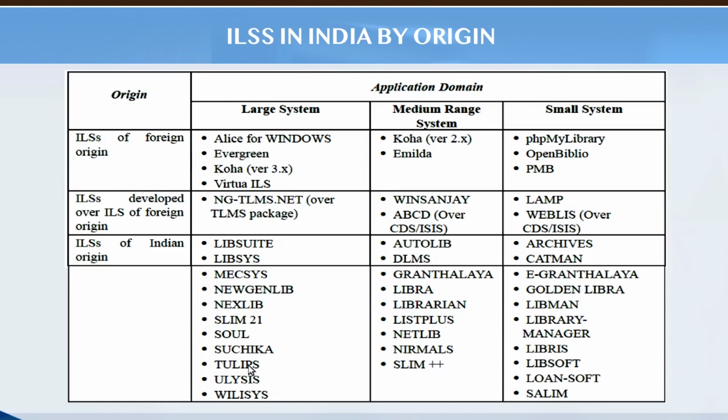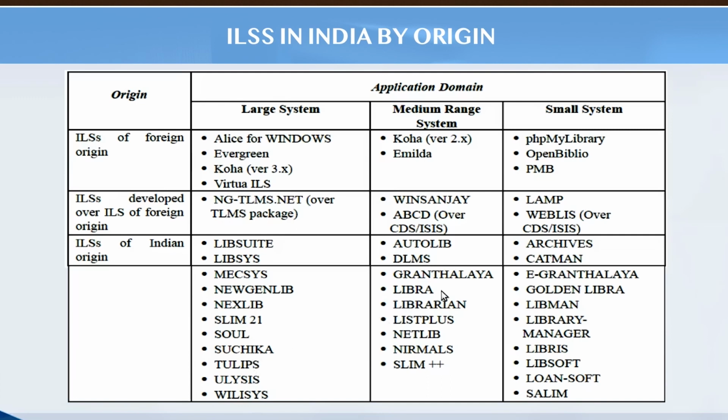ILSs like Ulysses and TULIPs are mentioned only historically. Nowadays nobody utilizes them. But Suchika was software developed by INSDOC on the basis of Granthalaya, which some of the CSIR libraries are still using. Recently some CSIR libraries switched over to Koha, but they took the data from Suchika.